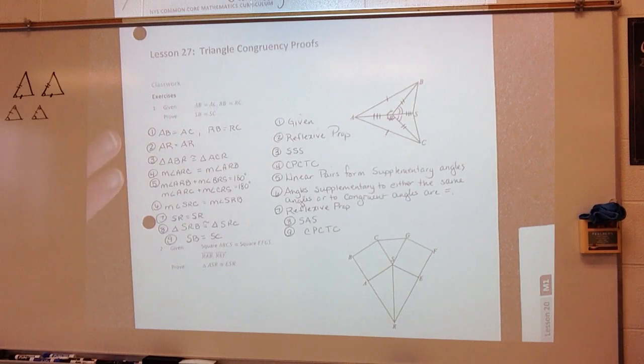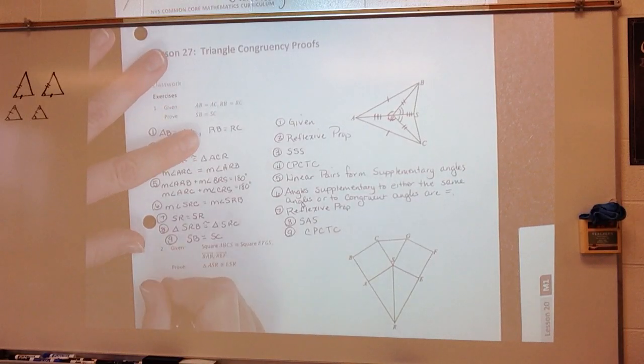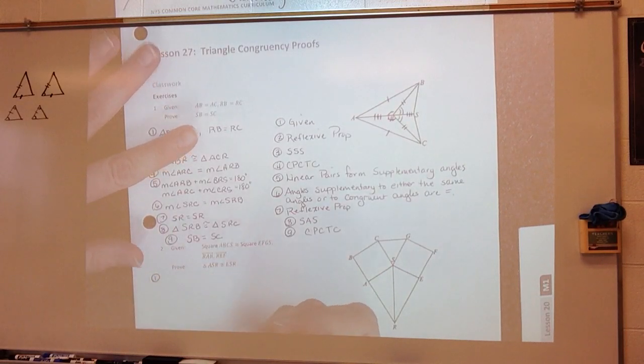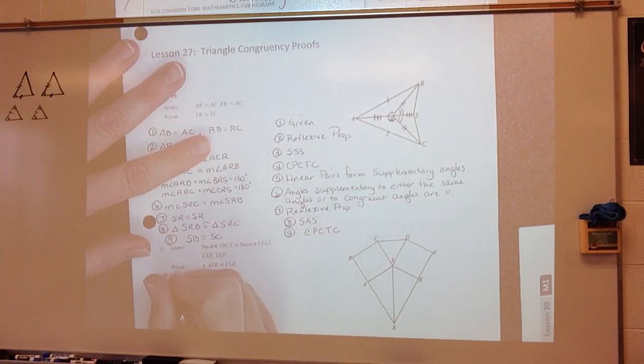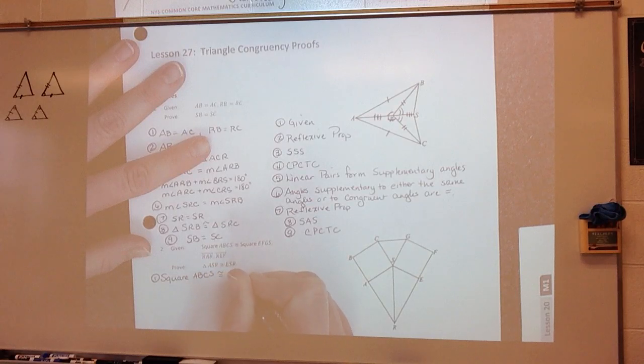That's what it tells me. So let's go ahead, we're going to split this up. Square ABCS is congruent to square EFGS. That is given.